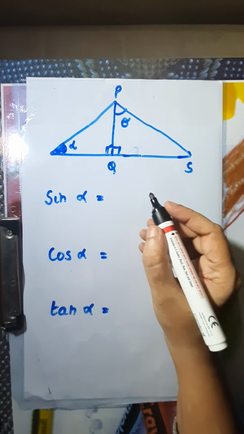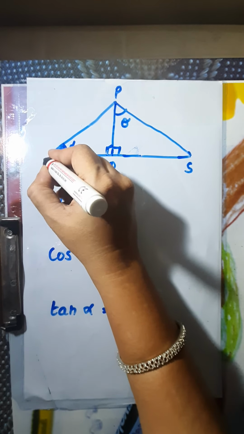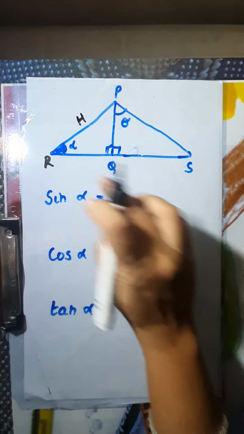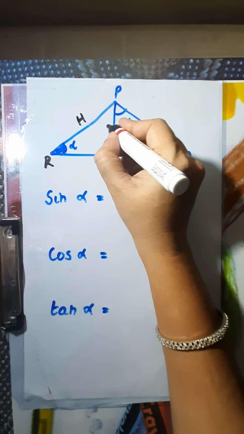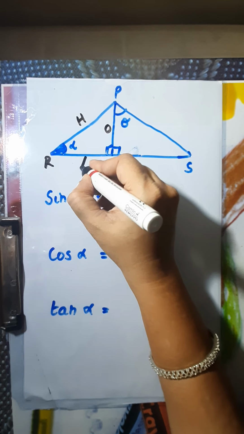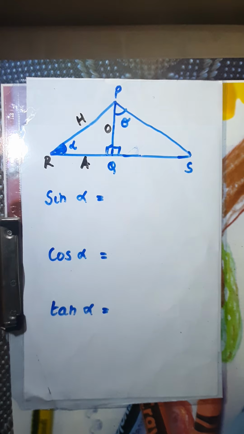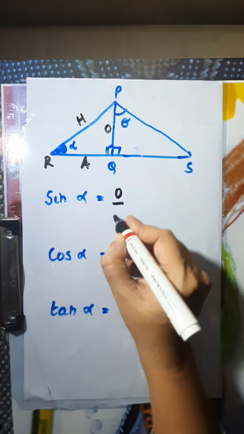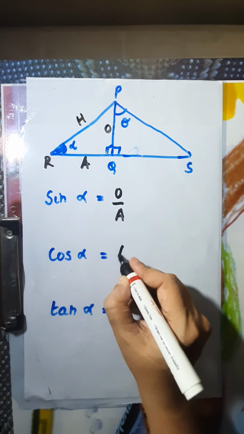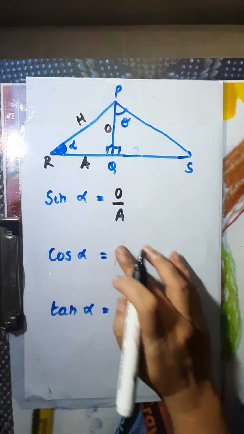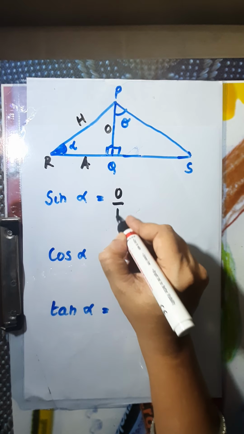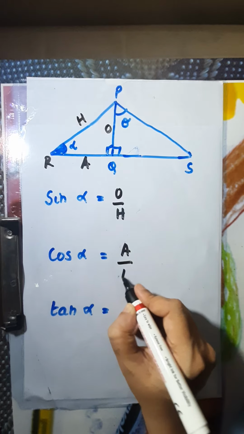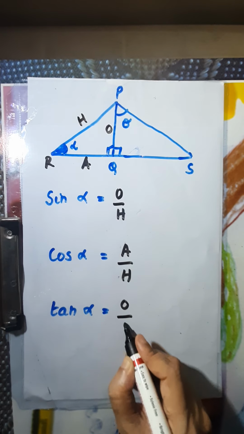This is my R. So, my PR is my hypotenuse. And for this angle alpha, this side is opposite and this side is adjacent. Now it's very easy. Sine is O upon H, cos is A upon H and tan is O upon A.